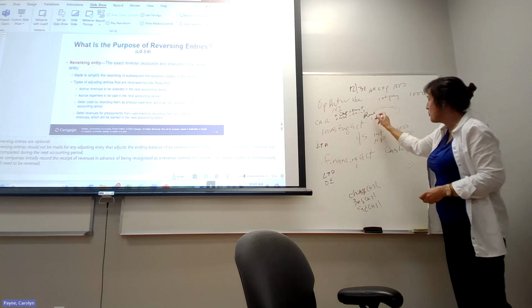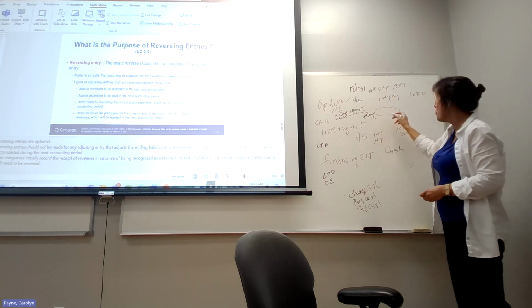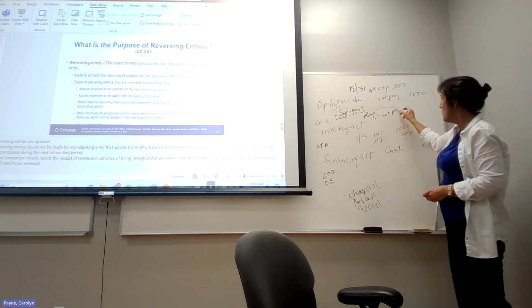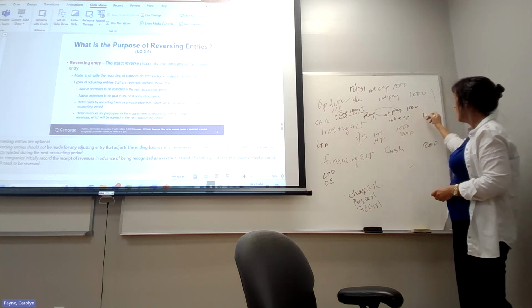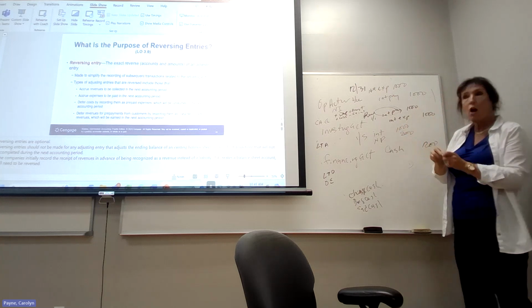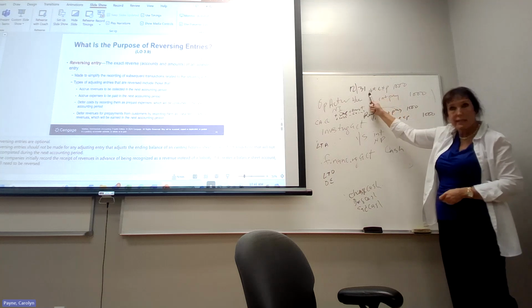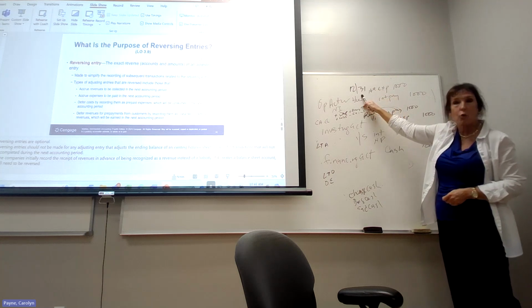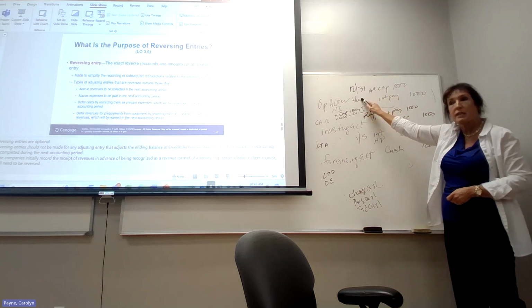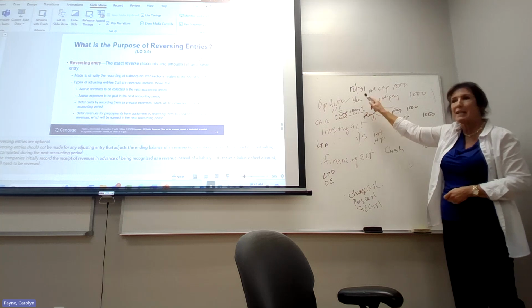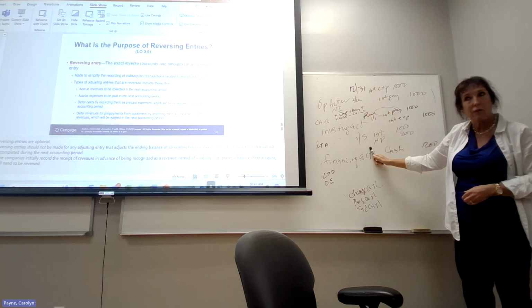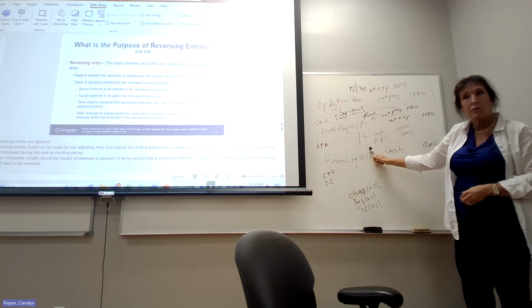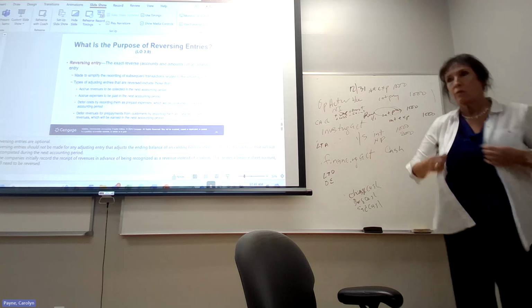We reverse that entry January the 1st by debiting interest payable and crediting interest expense. All we've managed to do was get this $1,000 into December where it belongs, because it was a December expense. We just are not going to pay it until January the 5th. Does that make sense? But won't you reverse it on January the 5th then?